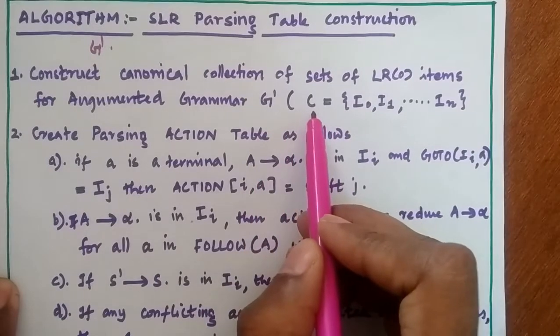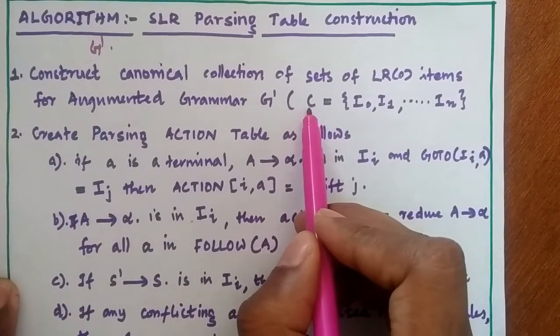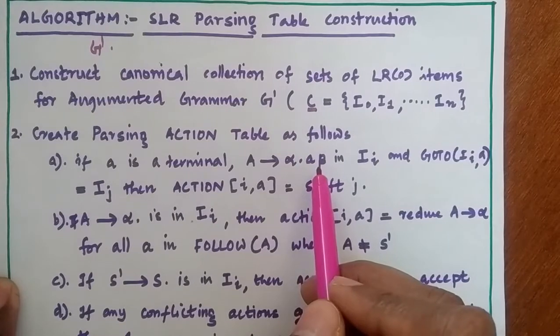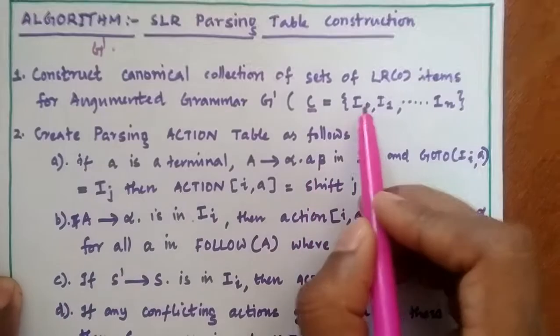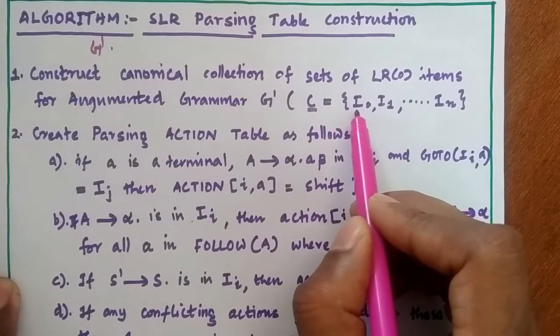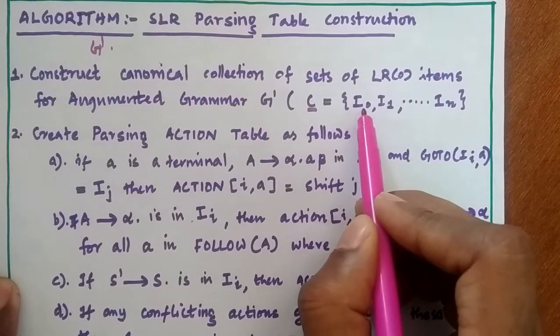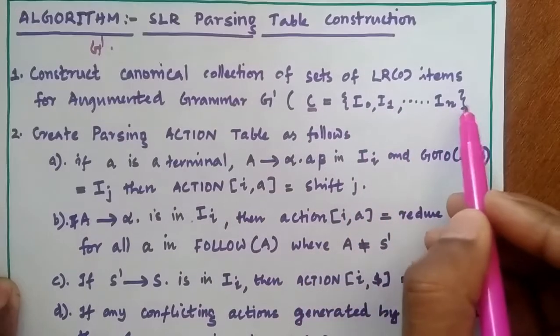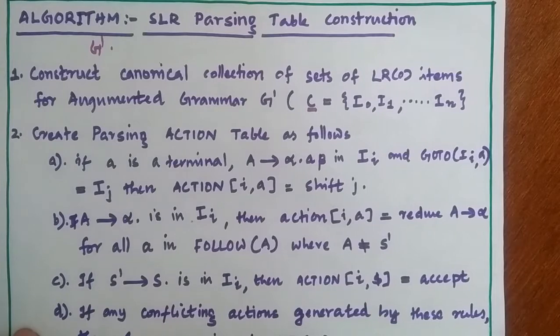In the previous video we constructed C, the canonical collection of sets of LR0 items. We identified all 12 states, I0, I1, etc., up to I11. So that is the first step: for a given grammar, find the augmented grammar, then construct the canonical collection of sets of LR0 items.